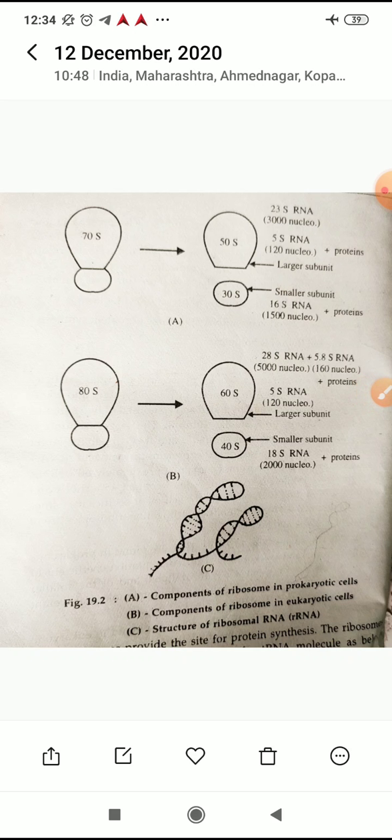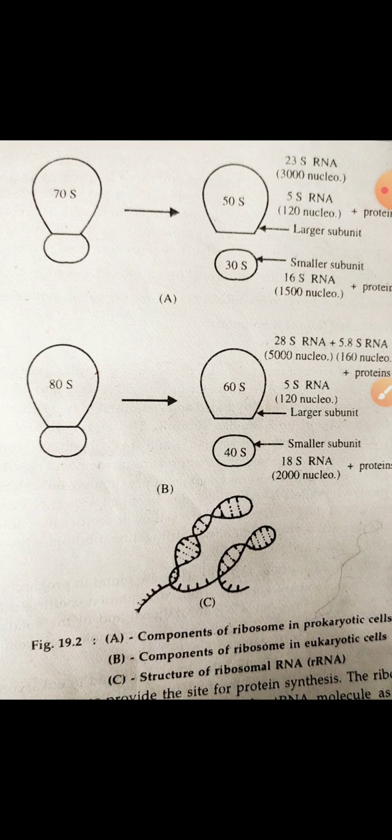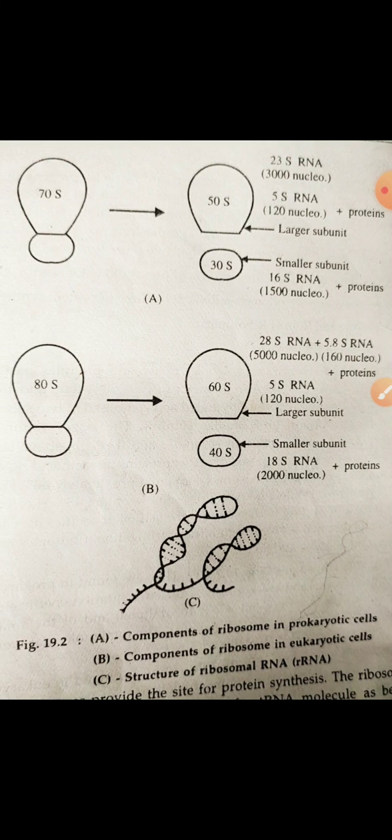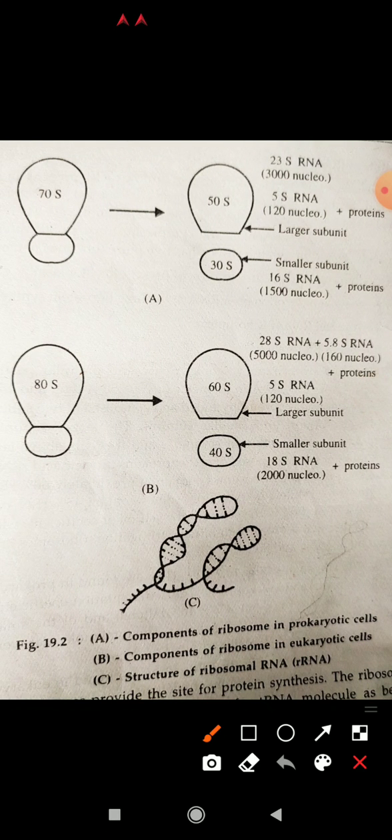So what is the structure of ribosome? We will look at the structure of the ribosome first. See the diagrammatic representation where the 70S type of ribosome is here, and the 80S type of ribosome is here. This is the smaller subunit, and this is the larger subunit. This is the association, and these two are dissociated.